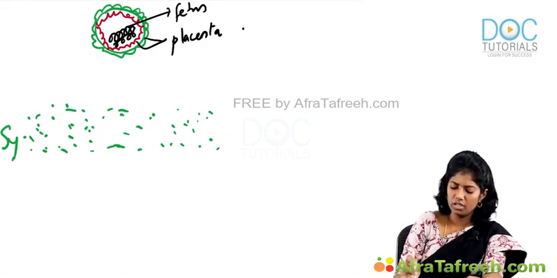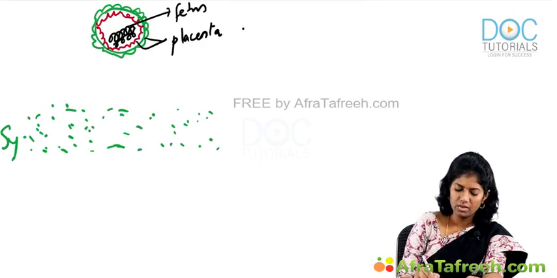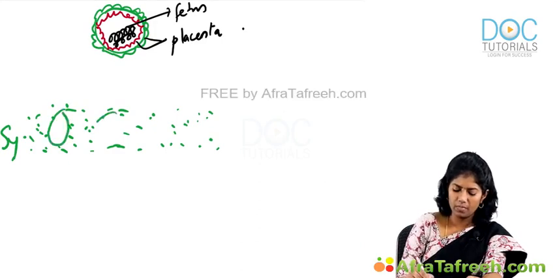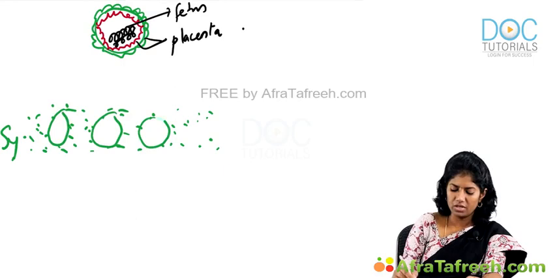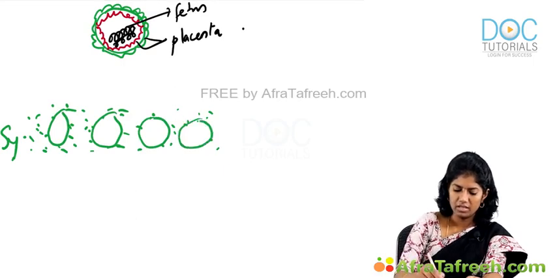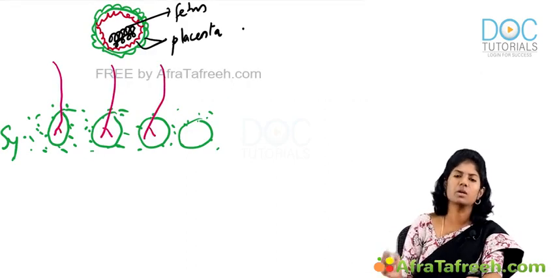So, what is the importance of these empty spaces? Into these empty spaces or the lacuna, the maternal spiral artery empties its blood. Say this is the spiral artery. The spiral artery empties its blood into these lacuna.